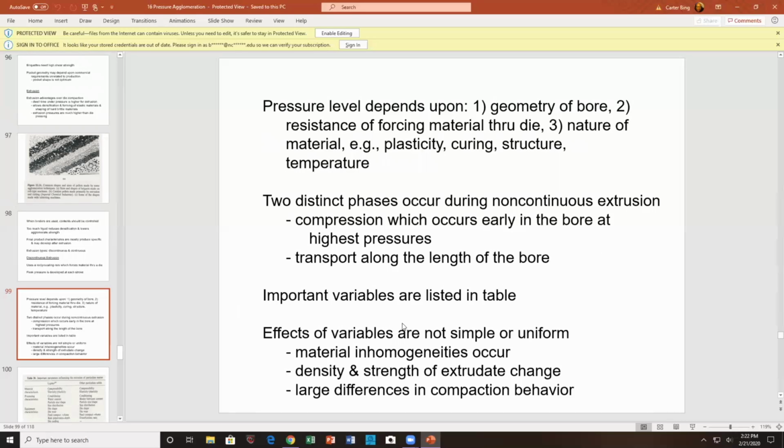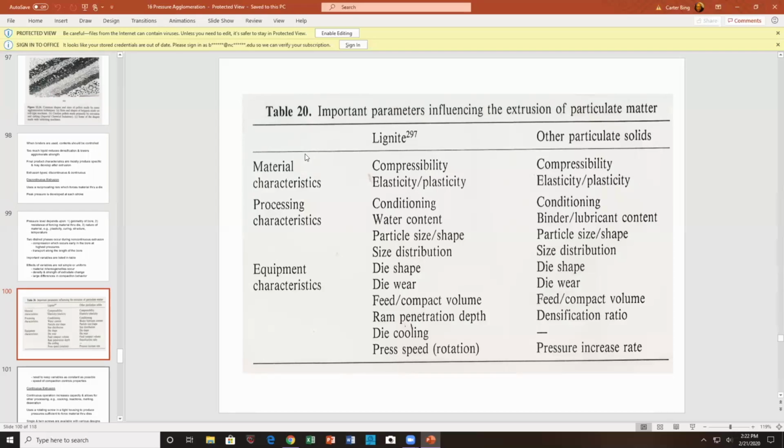Variables are listed in the table. Let's take a look at the table. You have material characteristics, processing characteristics, and equipment characteristics. Plasticity and compressibility are material. Particle size and shape are process. And equipment might be die shape and wear.